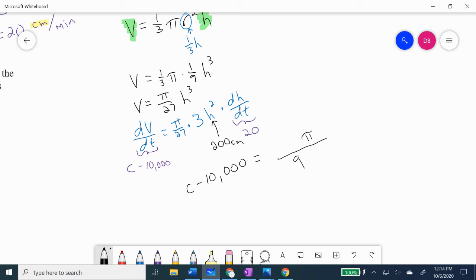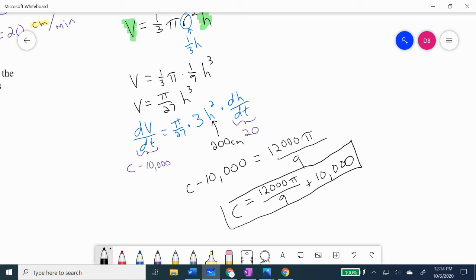And then I have 4 times 3 is 12 and 3 zeros. And finally, the constant is equal to 12,000 pi divided by 9 plus 10,000, provided I didn't make any arithmetic mistakes.